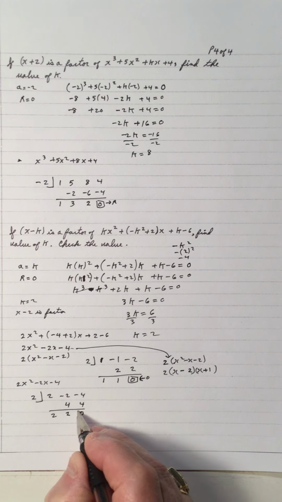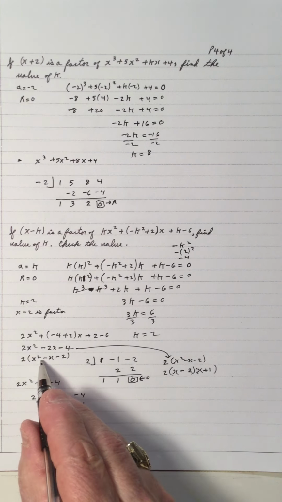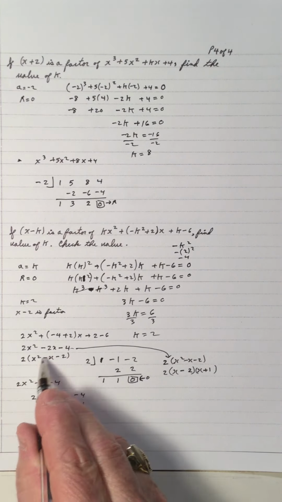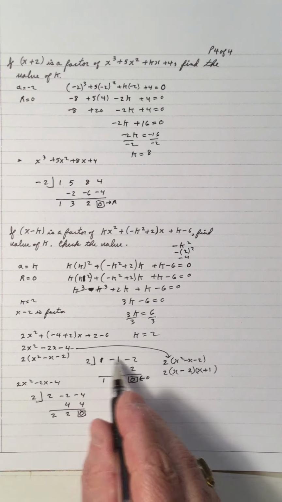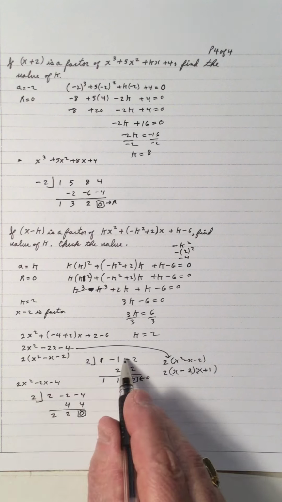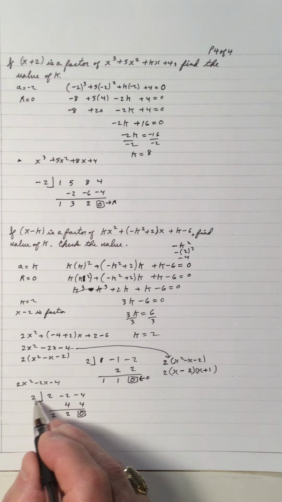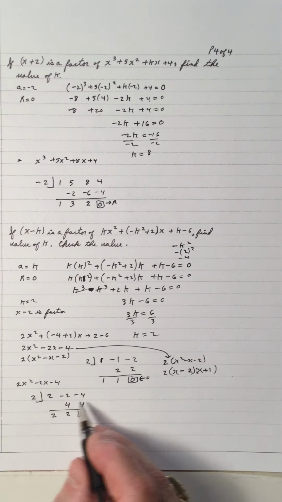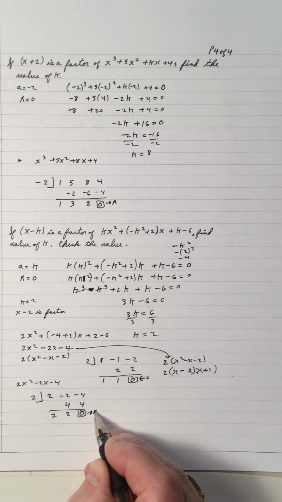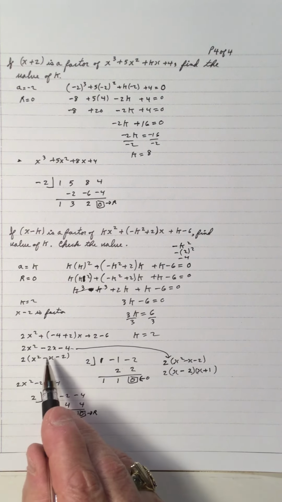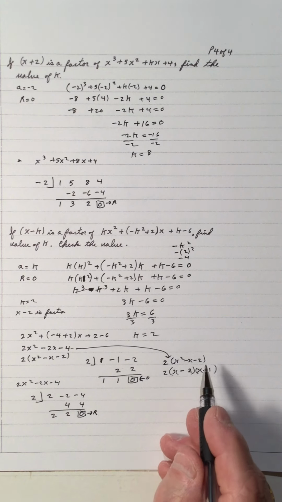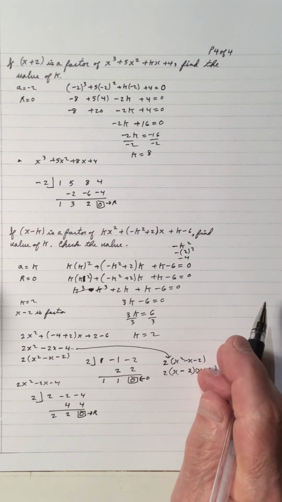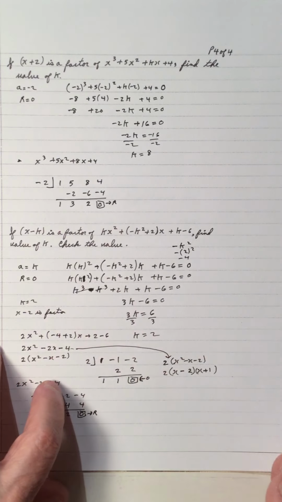No matter if you took the 2 out by factoring and worked on this trinomial with synthetic division, 1, negative 2, or left the 2 in here and still did synthetic division with 2, it still worked out: the remainder is 0. So many options, or I could factor this and see that x minus 2 is a factor. So k is 2. Good question.